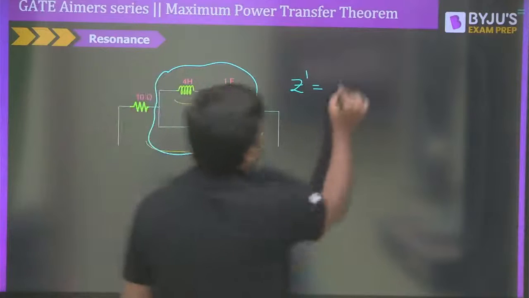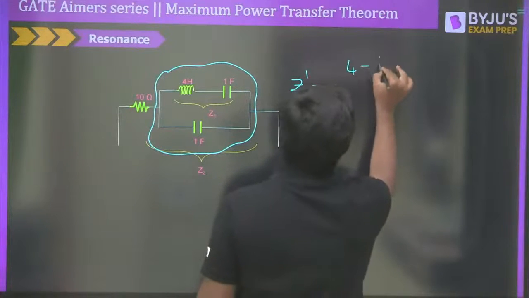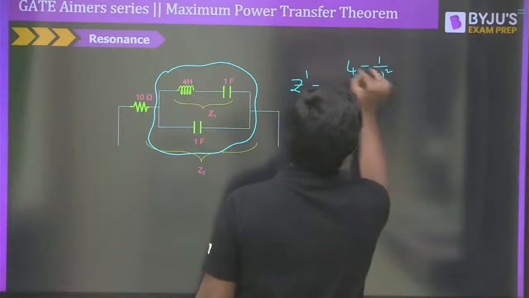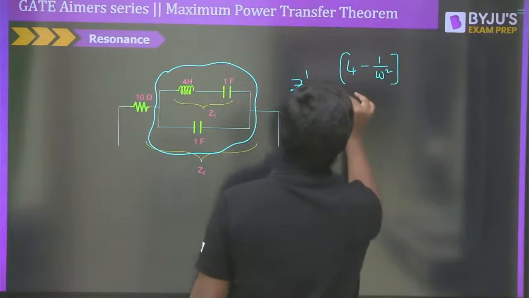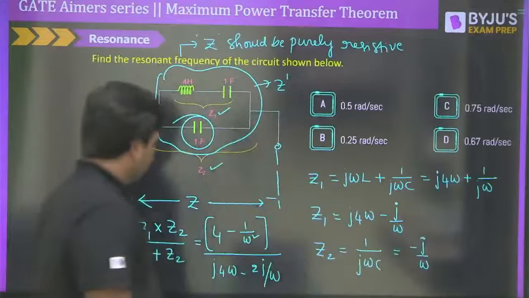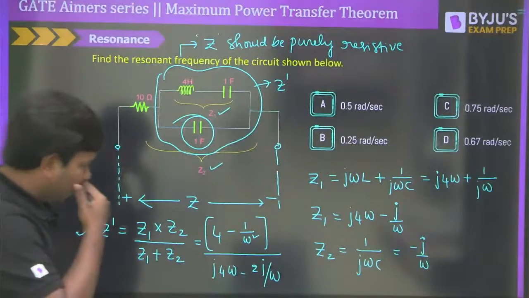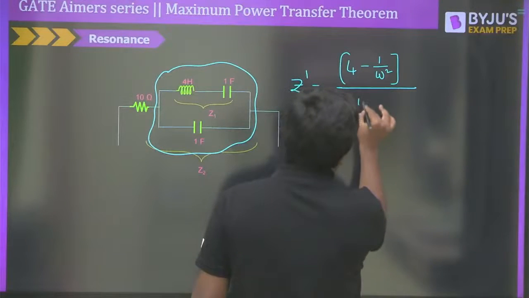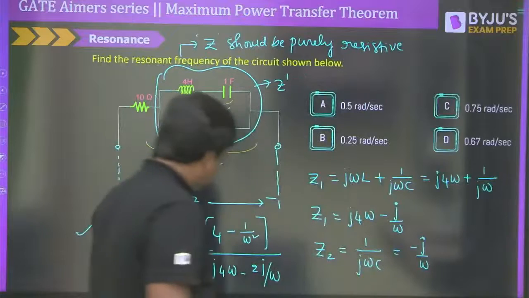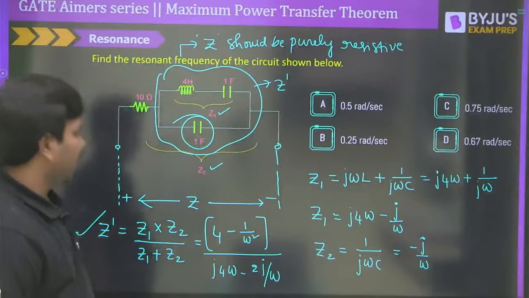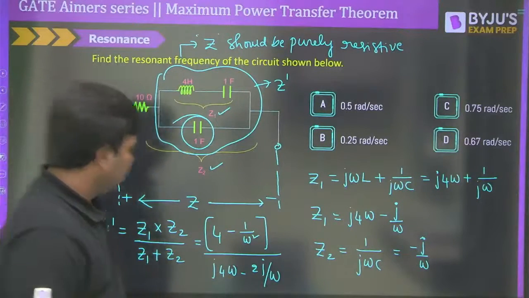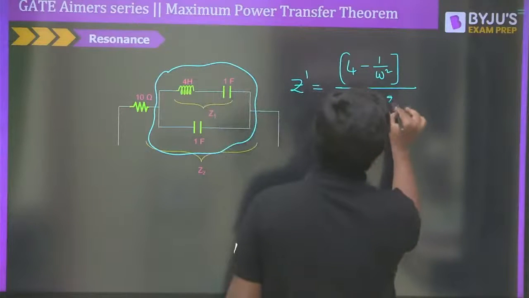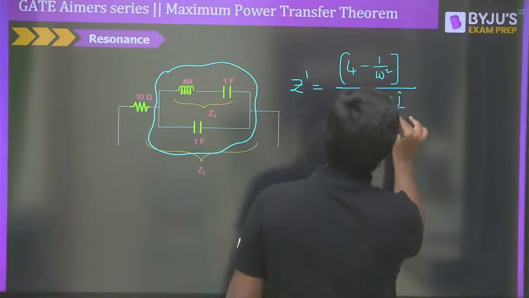So 4 minus 1 divided by omega square, whole divided by, just go back here, j into 4 omega, j into 4 times of omega minus what else is there, 2j omega, am I right? So 2j omega minus 2 times of j divided by omega here.